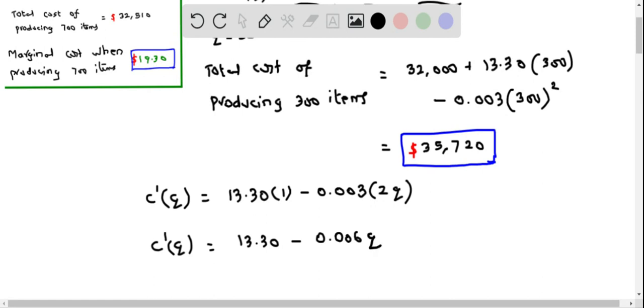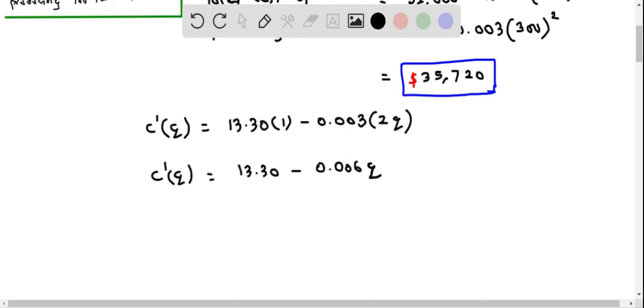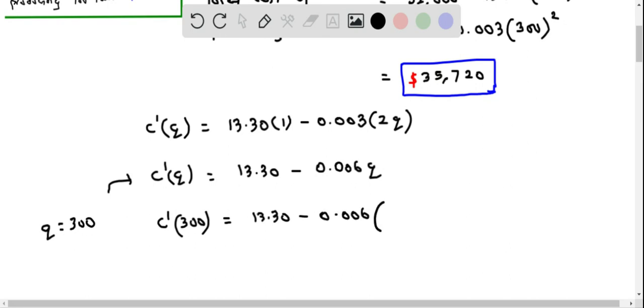Now we find the marginal cost when producing 300 items. So plug in Q equal to 300 into the marginal cost function. We get C prime of 300, and this equals 13.30 minus 0.006 times, replace Q by 300, and so this equals 13.30 minus 0.006 times 300 equals 1.8.